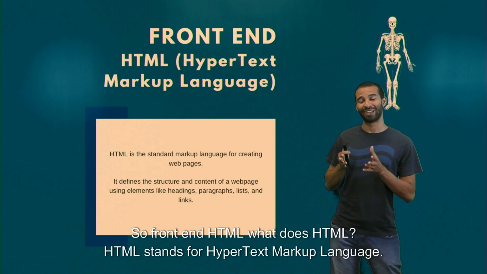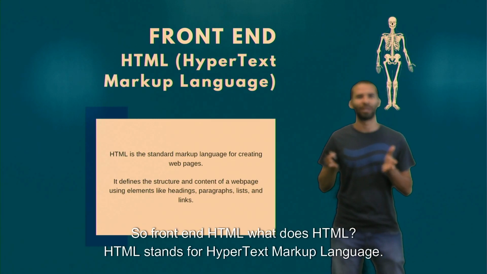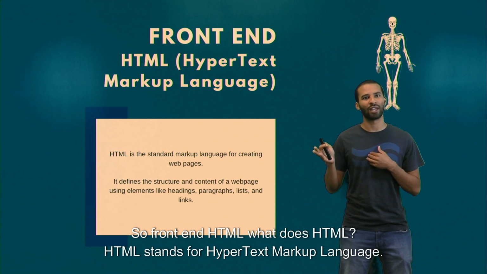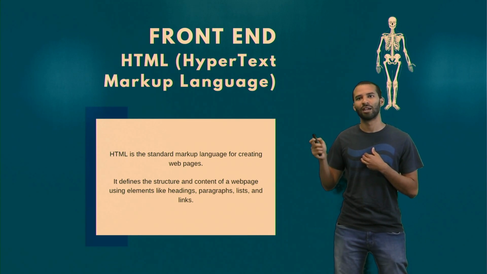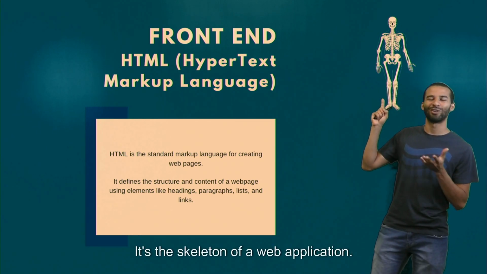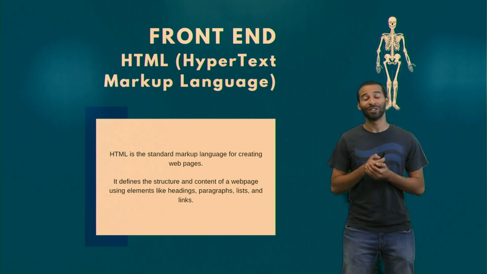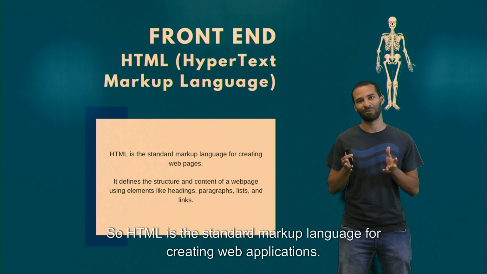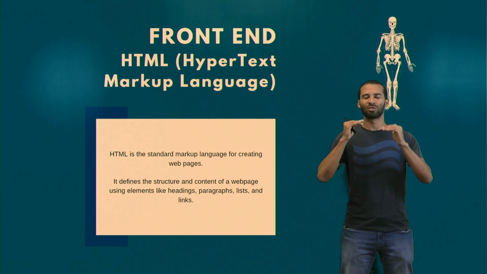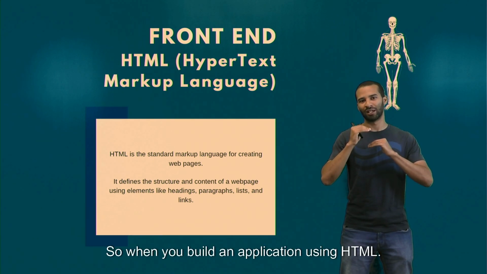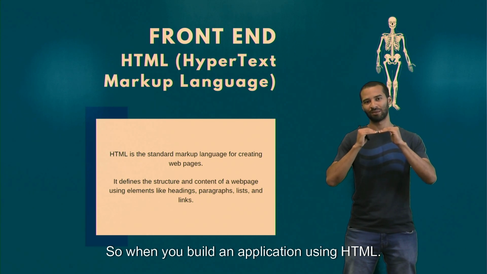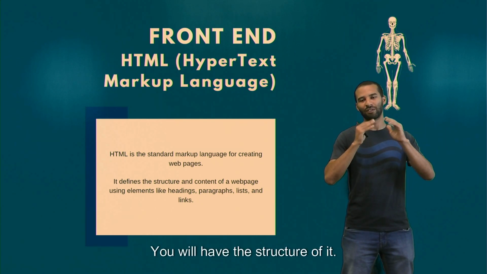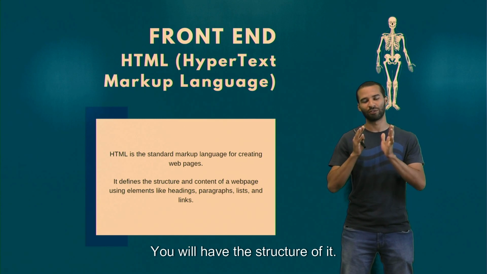So front end, HTML. What is HTML? HTML stands for Hypertext Markup Language. It's the skeleton of a web application. HTML is the standard markup language for creating web applications. So when you build a web application using HTML, you will have the structure of it.